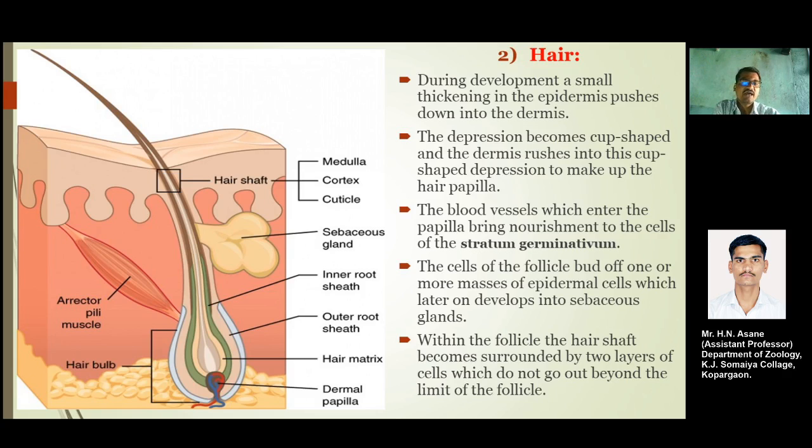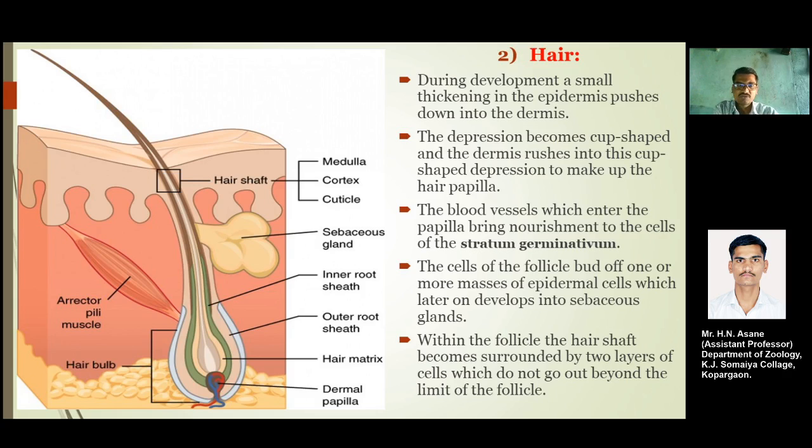So as you can see, the arrector pili muscles are going to connect the hair shaft to the epidermis region, okay, and they are also providing structural support as well as having some importance in metabolic reactions. So as you can see, the sebaceous glands and inner root sheath. Okay, the outer root sheath, you can see the hair matrix, and the dermal papillae, that is the root of the hair.